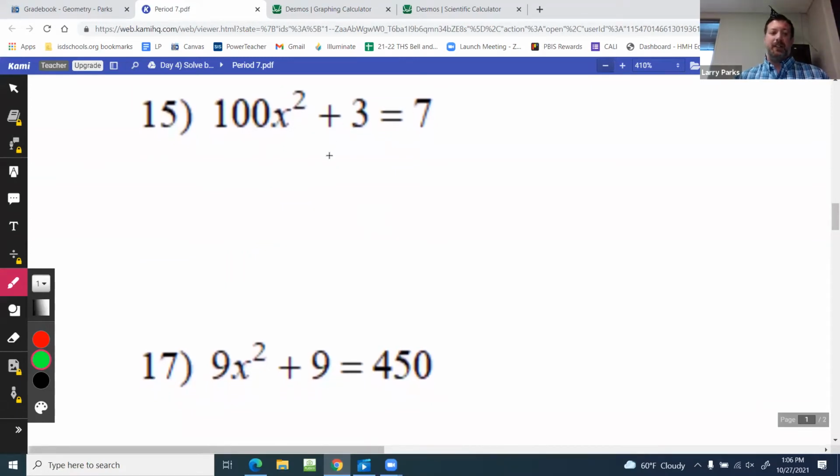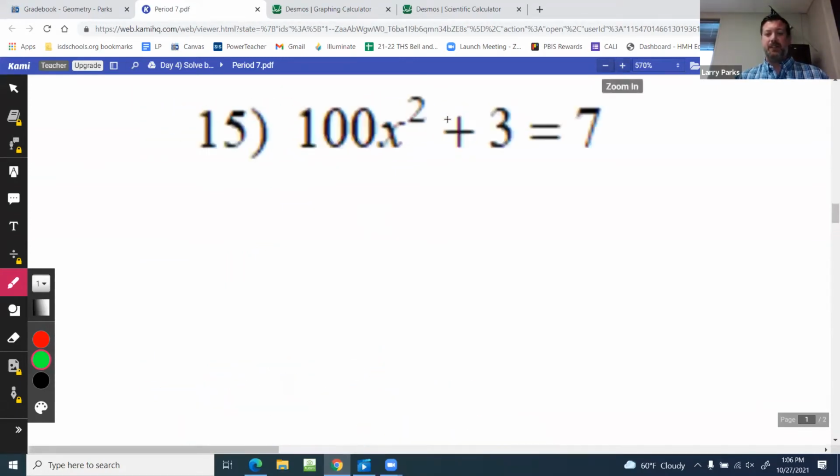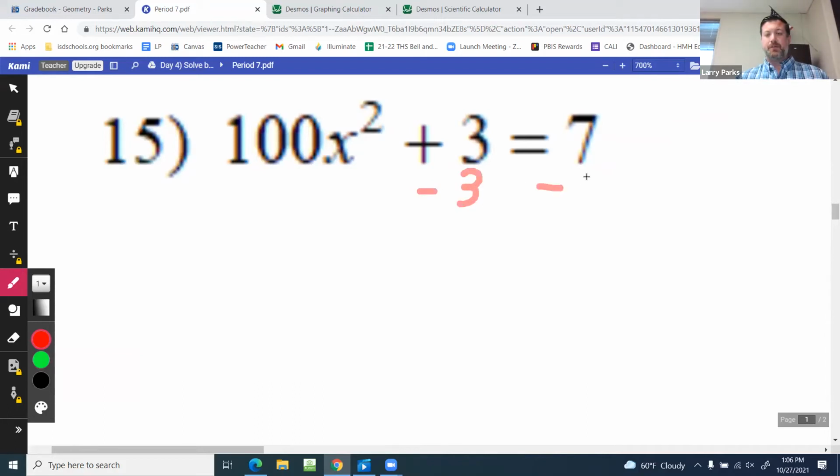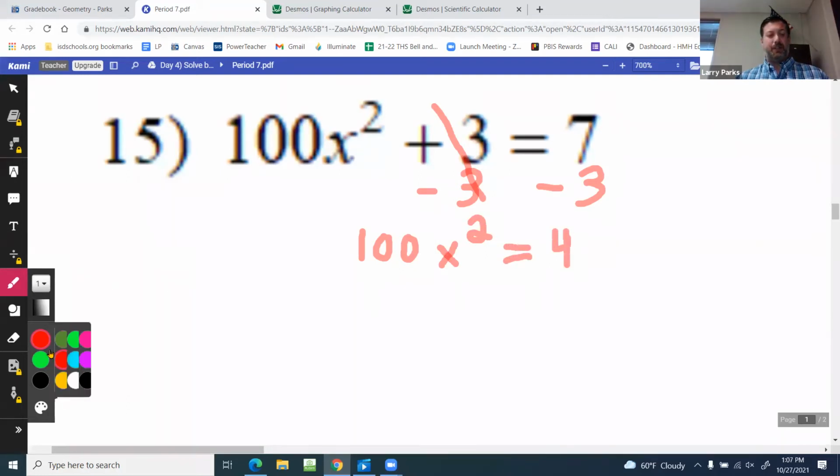I would subtract 3 from both sides. Those go away. I get 100x squared equals 4. Divide by 100.